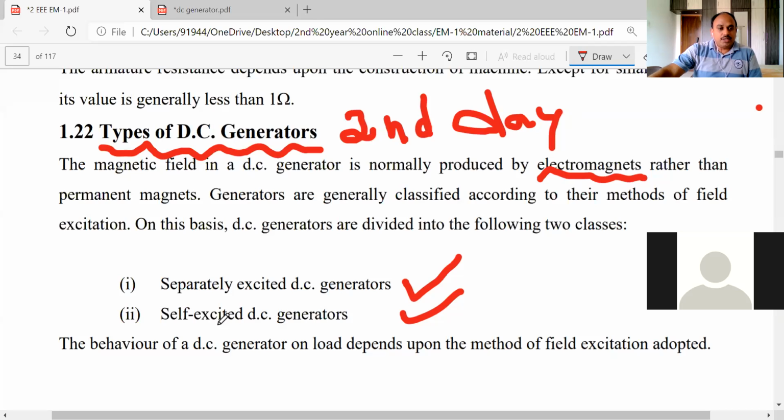That type is called a self-excited DC generator. The name itself indicates it: separate means another source, self means itself.